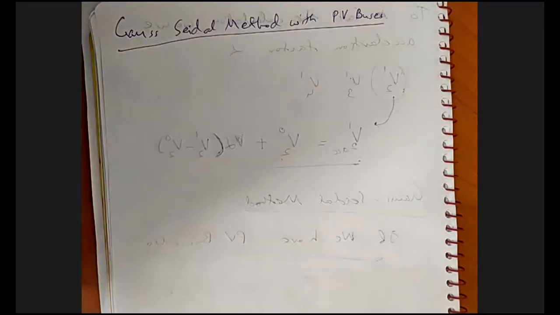Today we will be discussing how to apply the Gauss-Seidel method when there are PV buses.